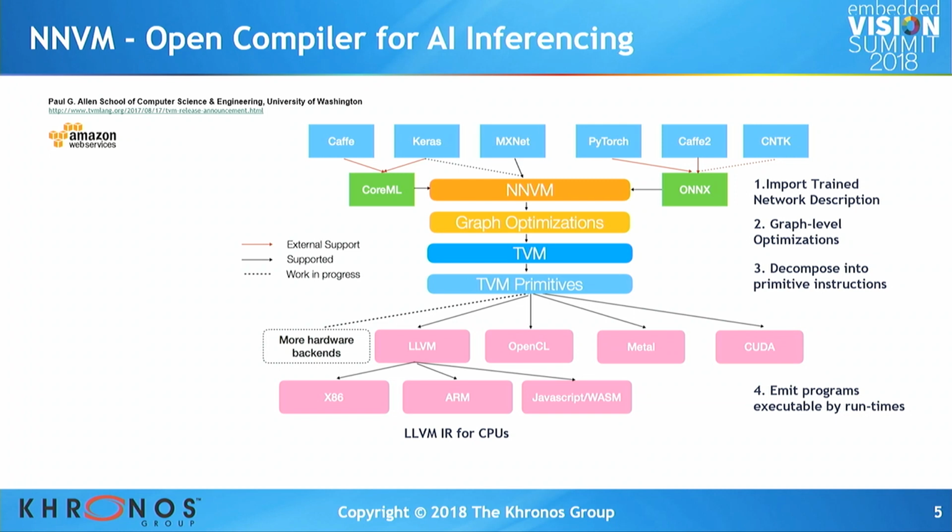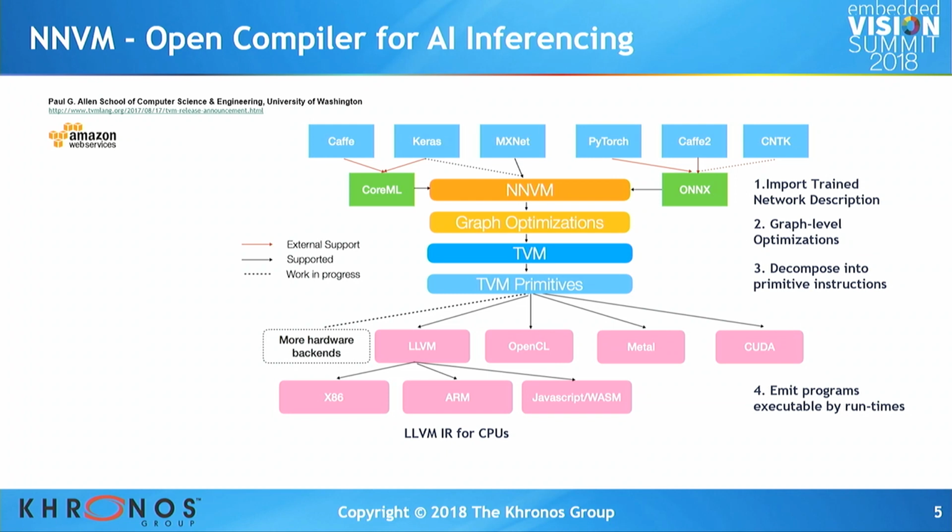And the steps here: you import a trained network description out of your training frameworks. Currently they're supporting ONNX or CoreML. That's the Apple proprietary standard. Then they do graph-level optimizations, and then they compile into primitive instructions, and they can do optimizations at the instruction level too.